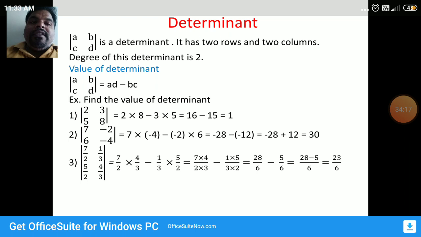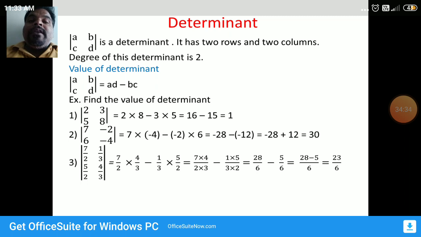Using this determinant to solve simultaneous equations is called the determinant method, also called Cramer's rule. Now how to find the value of a determinant?